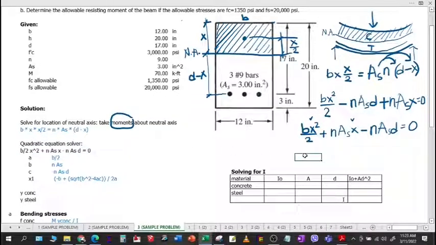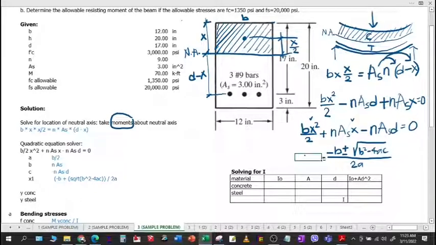Now, to solve a quadratic equation, we use the quadratic formula. And what is the quadratic formula? The quadratic formula is minus b plus and minus the square root of b squared minus 4ac, all over twice of a.